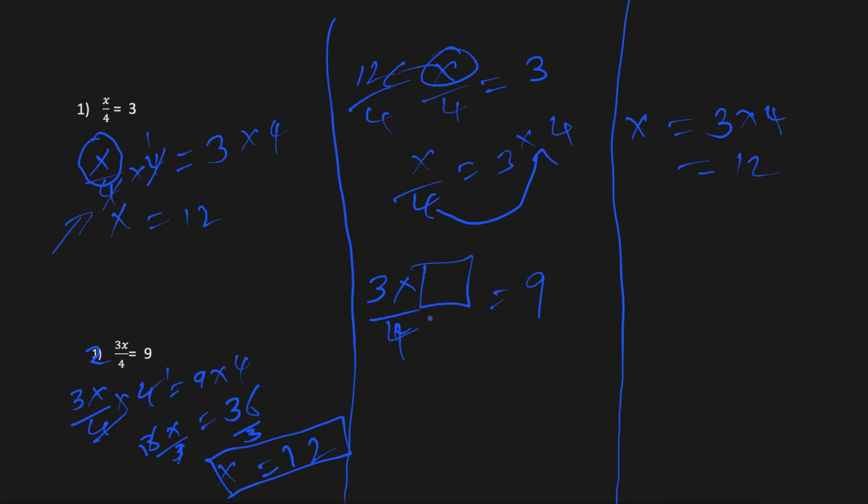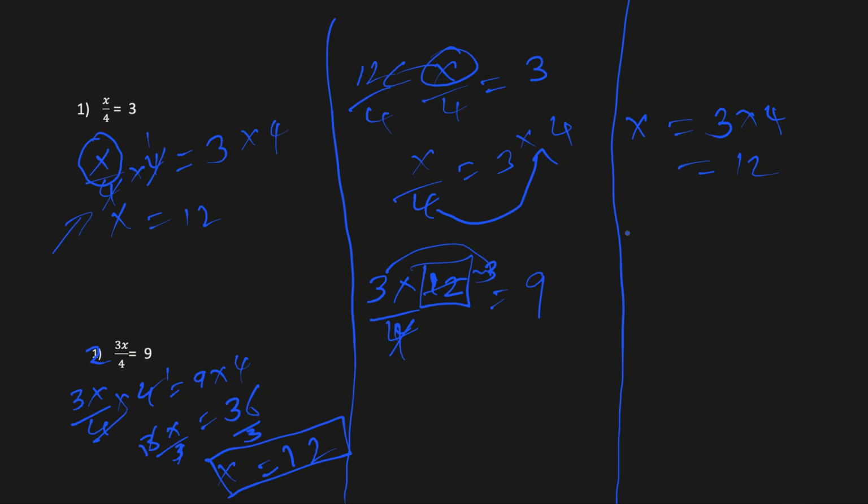We know that this is 12. For example, if I divide 12 by 4, I get 3, and then 3 times 3 is 9. This is another way, but in this equation, it might be trickier to know the answer since the last one was just x by something else, but here we have x times something else and divided by something else. So it might get a little trickier, but again, the same logic.